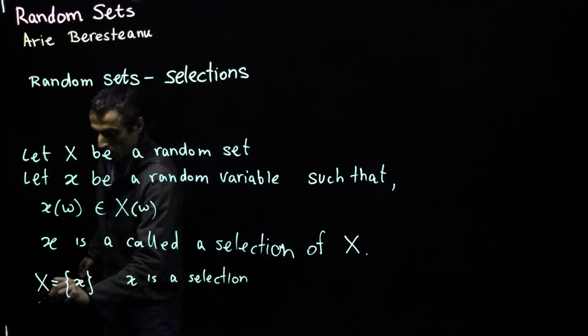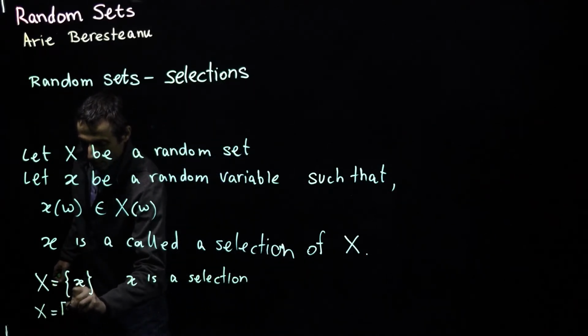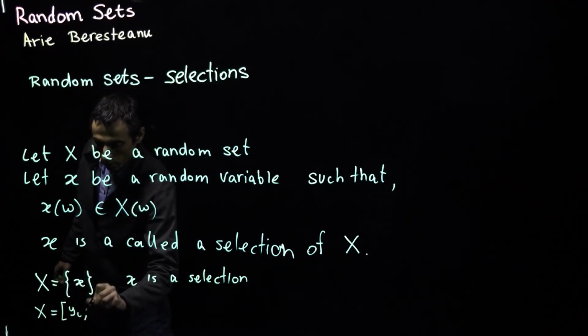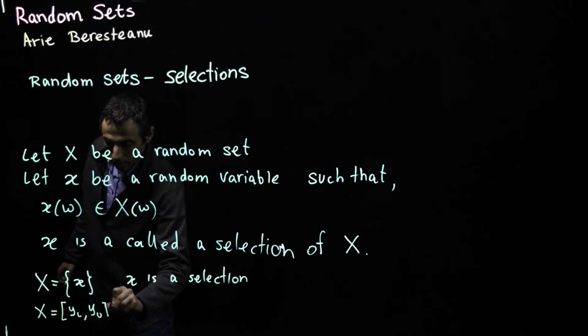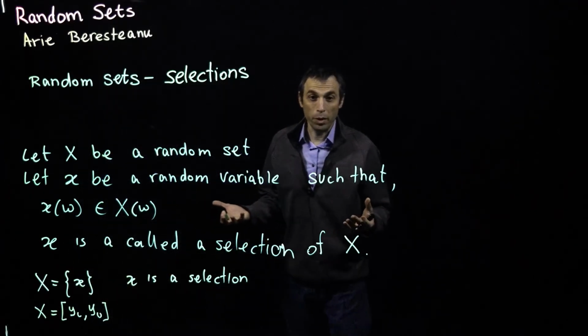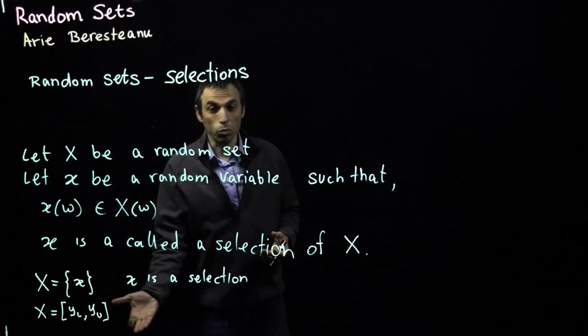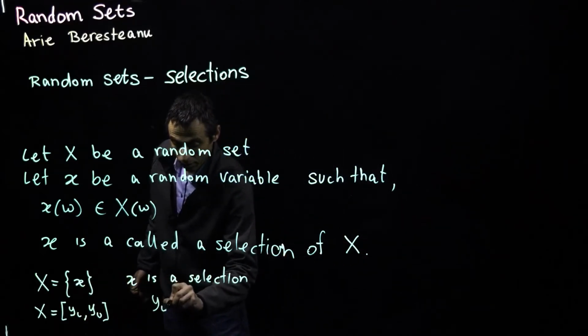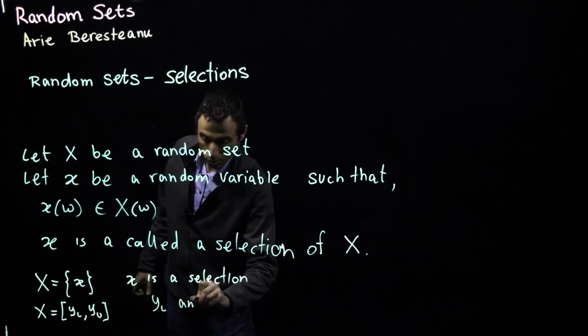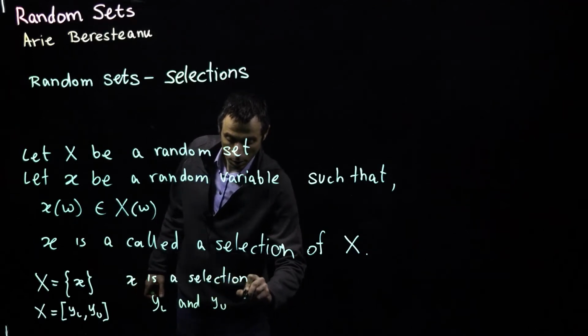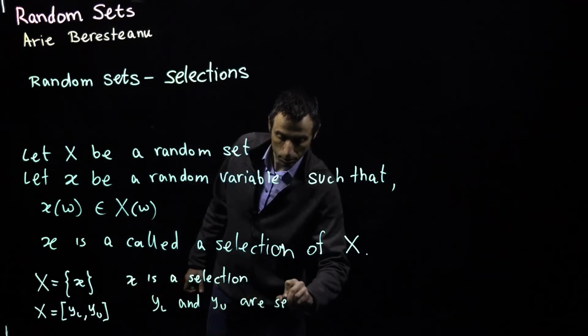When X was equal to the interval y lower, y upper, I could pick any of these two. So y lower itself and also y upper are selections.